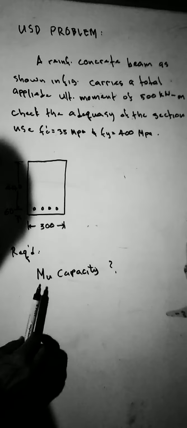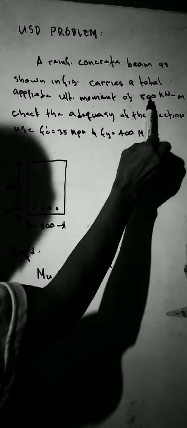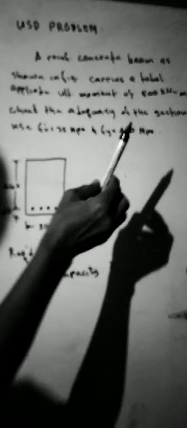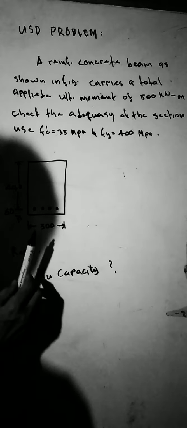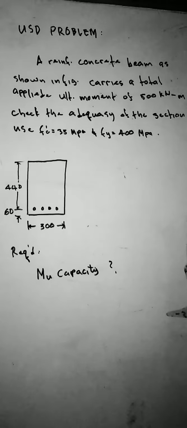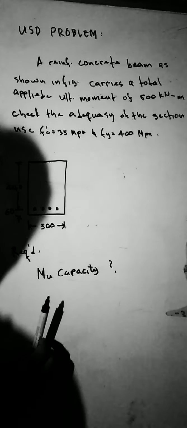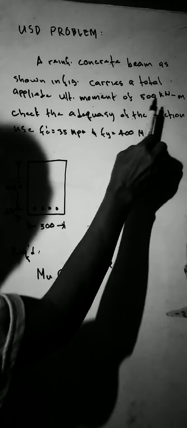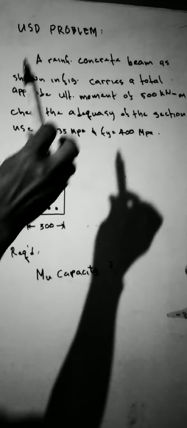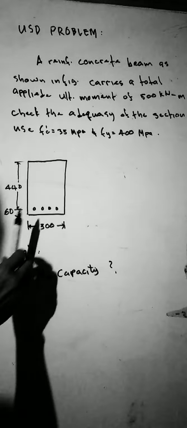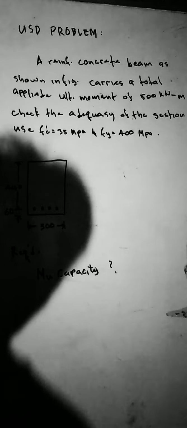If the ultimate capacity of this section is less than the 500 kilonewton meter, meaning the section is inadequate, meaning unsafe, failure. But if the ultimate moment capacity of the section is equal to 500 kilonewton meter or greater, meaning this section is adequate.